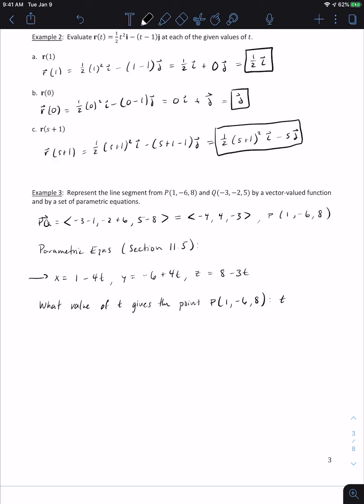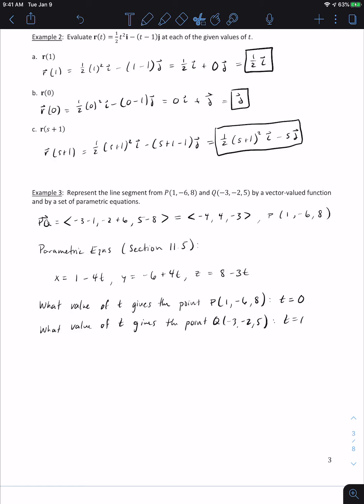What value of t makes me get 1 for x, -6 for y, and 8 for z? Well, t equals 0, right? And then what value of t gives the point Q, which is -3, -2, and 5, right? Well, that would be 1, right? So t equals 1.